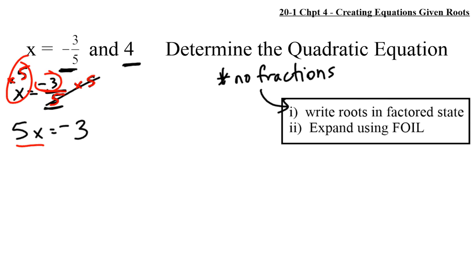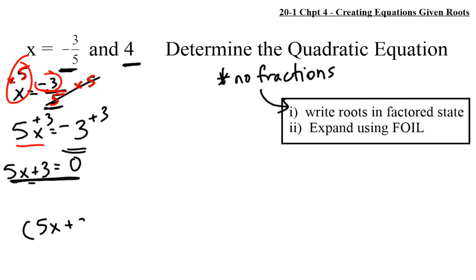But at that point, I want it, remember, to be a 0 over here, so we're going to add 3, and we get 5x plus 3. There's our first factored state.